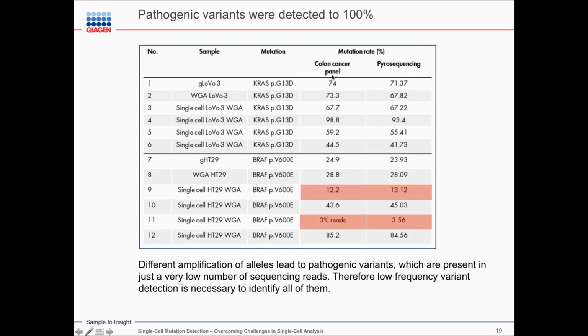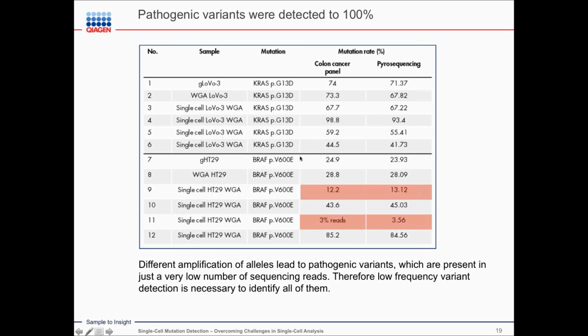Using the DNA sequencing, we're looking at an allelic fraction of 74% with our sequencing method, and this is confirmed with 71.37%. And when we do the whole genome amplification, we have 73.3% and 67.82%. Again, that's for the KRAS mutation, and we'll see even tighter mapping for the BRAF mutation, where we have almost 25% and 24% here, and 28% and 28% here, for the sequencing-detected versus the pyrosequencing-detected variants.